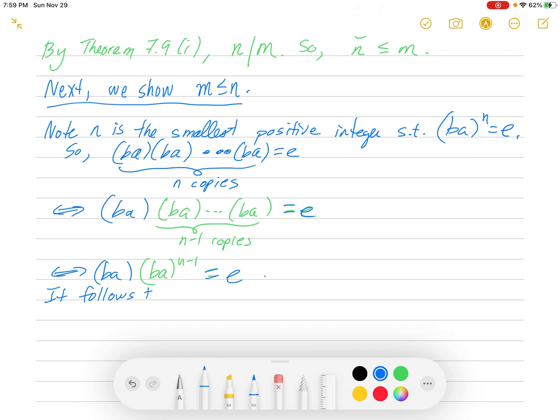So it follows that BA's inverse is this green dude, BA to the n minus 1. Why is that? Because when you multiply BA by BA to the n minus 1, you get the identity. So BA's inverse is BA to the n minus 1.